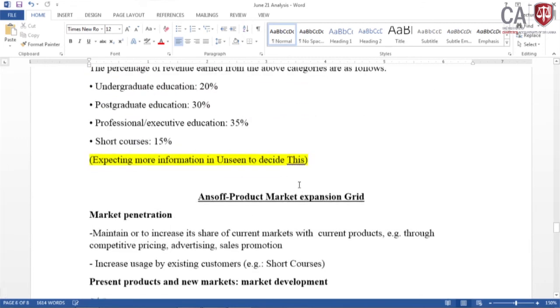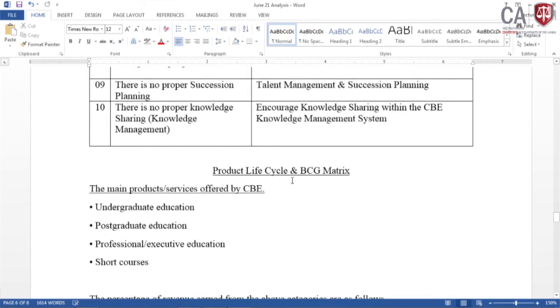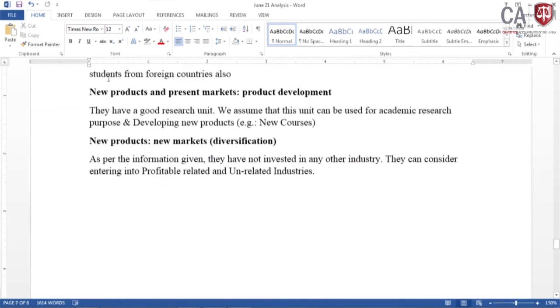Right. So we have done the product market expansion grid also. Any other thing we can do? Shall we look at Porter's generic strategies also? You may remember the theory part, Porter's generic strategies.